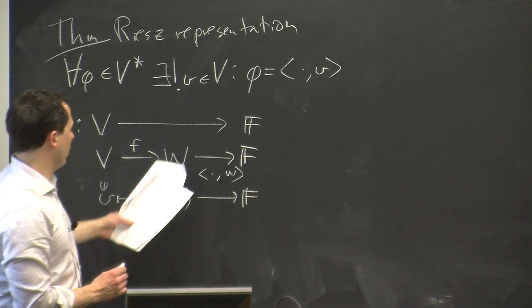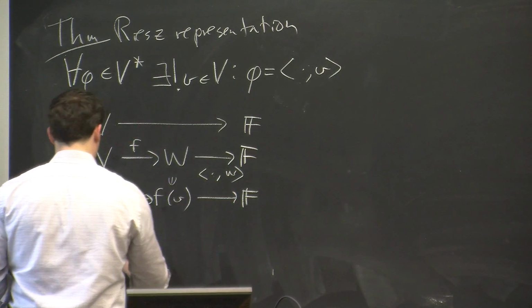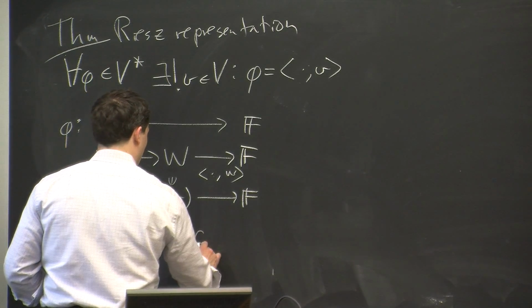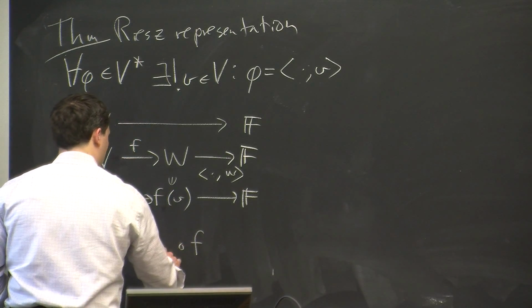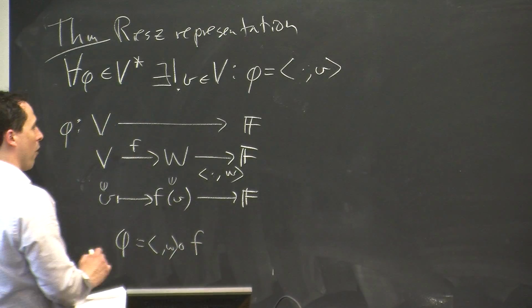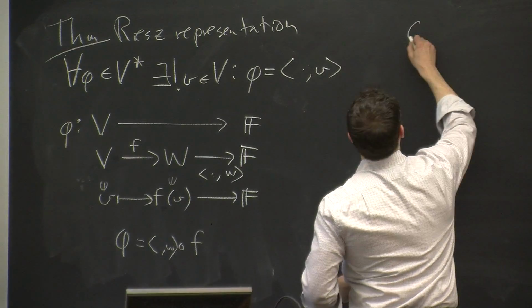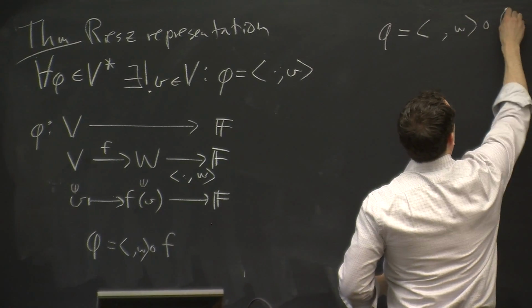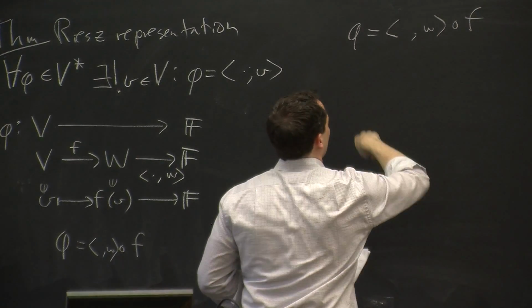So I have a composition of two linear functions. So phi is the composition. First I apply F, and then I apply the function inner product with w.